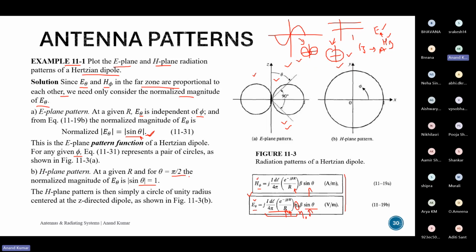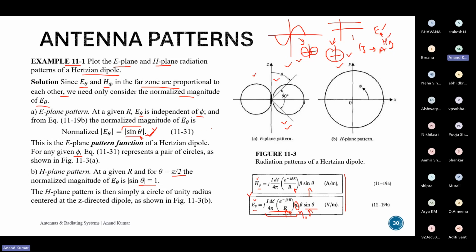If you solve more examples, you'll end up with different functions of these trigonometric functions: sine theta, cos theta, their multiplication, and you probably won't be able to imagine how that expression looks until you plot it. Even if you've got the answer, you can't visualize it by looking at the expression.